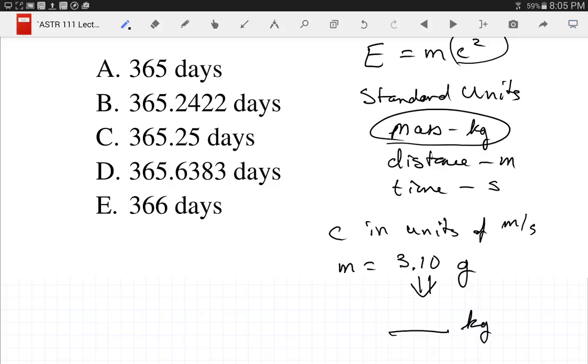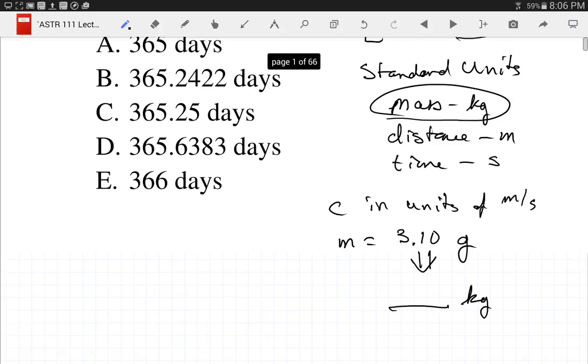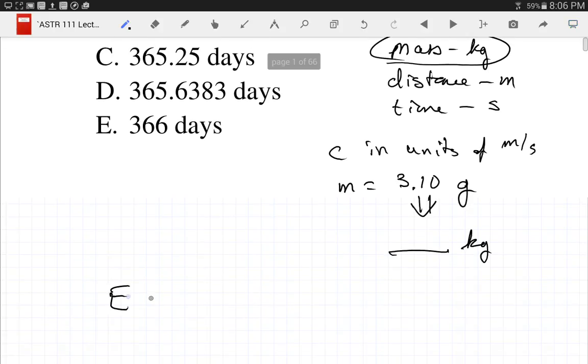The reason I'm not writing it is because that's the only part of the question, besides punching numbers into a calculator, converting from grams to kilograms. And then you just put the numbers in your calculator and you get your answer. And the units for your answer, the energy, will be in units of capital J, which stands for joules. And actually, when I write it out like that, I should put it as lowercase joules.